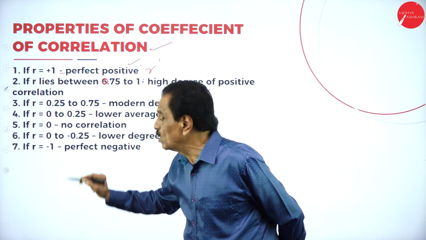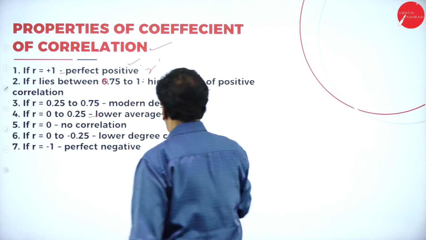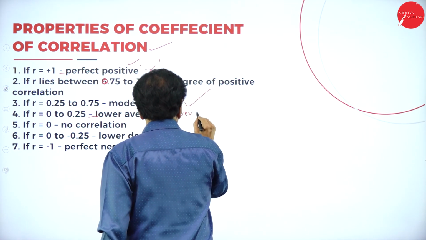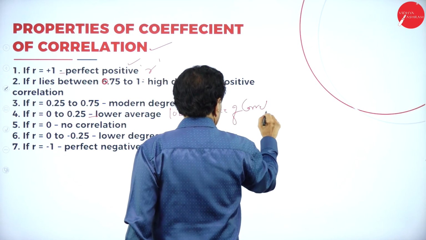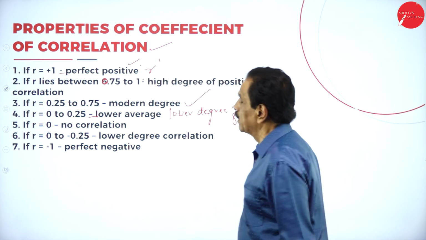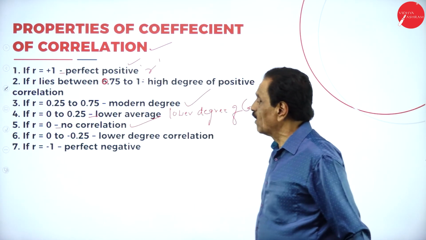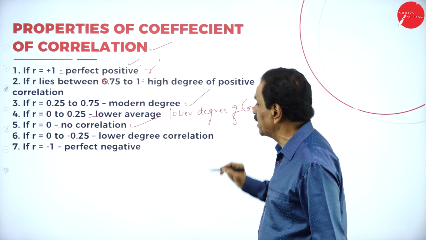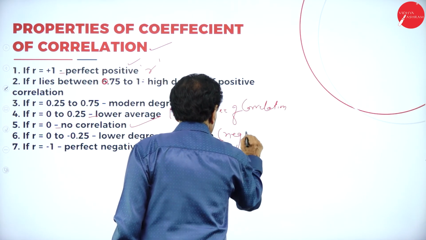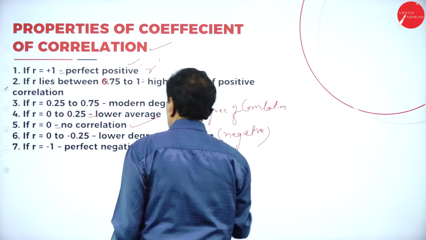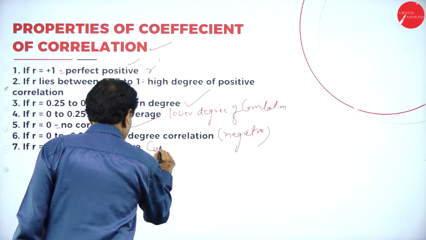If R is between 0 and 0.5, it is a lower degree of correlation. If R is equal to 0, no correlation. If R is between 0 and minus 0.5, lower degree of negative correlation.